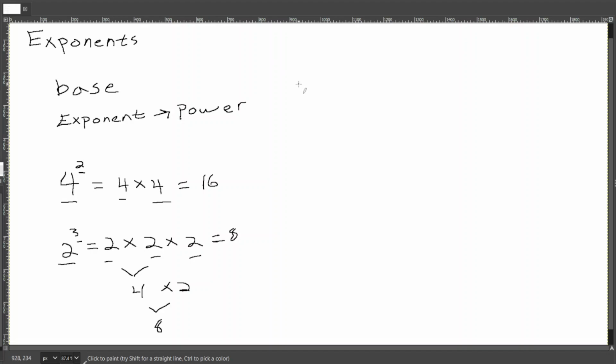So now, let's go ahead and do something like 3 to the fourth power. We'll practice a couple of these. So this will be 3 times 3 times 3 times 3. So many ways we can do this. We can multiply these two. We could get 81 by multiplying these two.